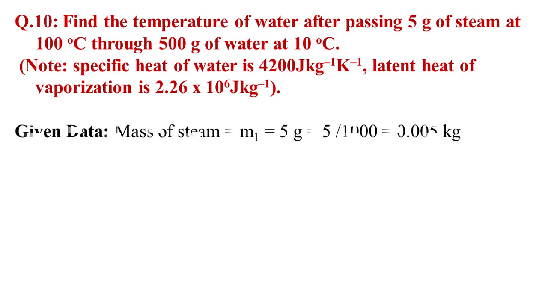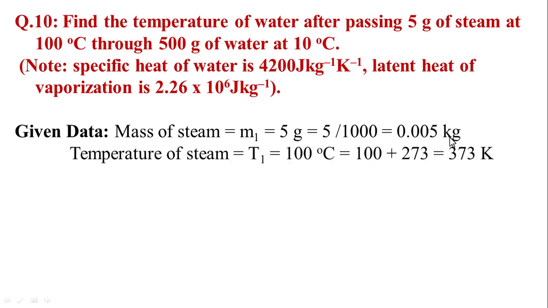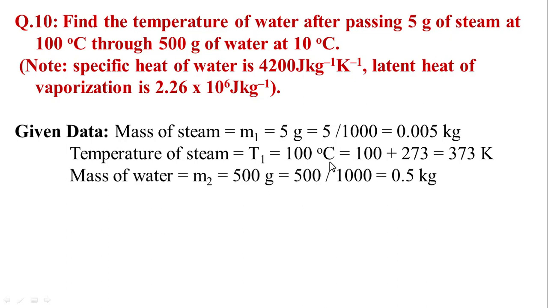So we write that mass of steam M1 is equal to 5 gram. Now 5 divided by 1000 is equal to 0.005 kg, and temperature of steam T1 is equal to 100 Celsius, which is 100 plus 273, equal to 373 Kelvin, and mass of water M2 is equal to 500 gram.